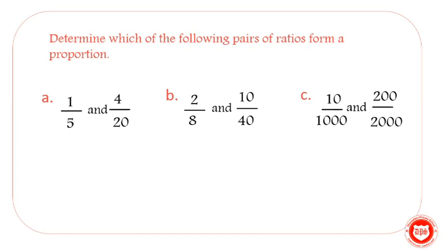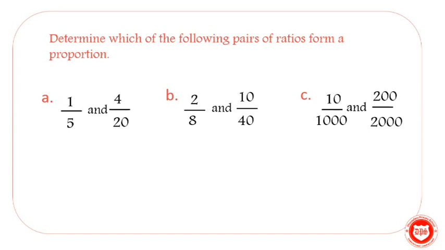And let's try the last one. Example C. 10 by 1000 is equal to 200 by 2000. What do you think? Is this pair forming a proportion or not?